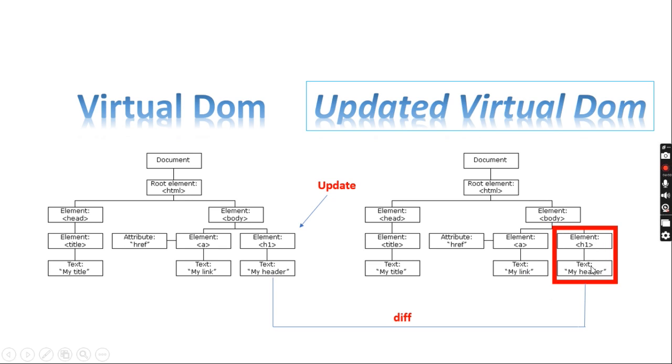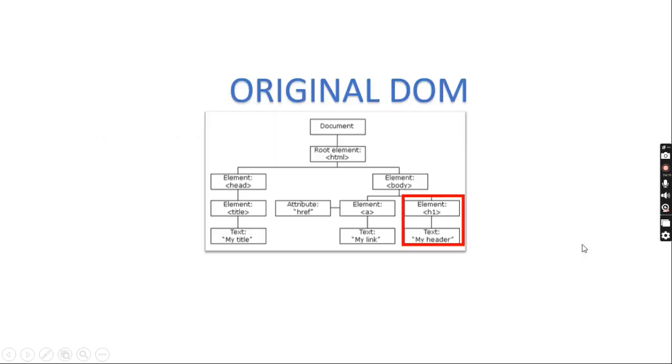Now the updated virtual DOM is compared with the previous version of the virtual DOM. By comparing, we are able to clearly identify the updated one. So now the updated virtual DOM will update the particular element alone in the original DOM. This will make the application faster.